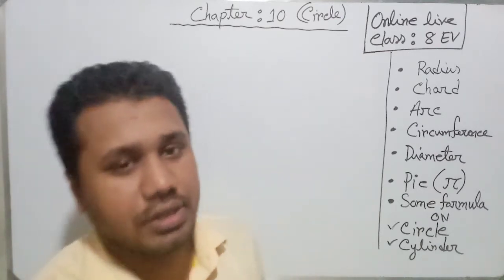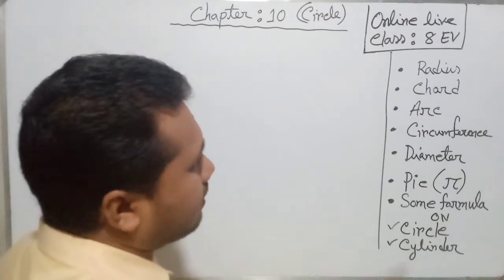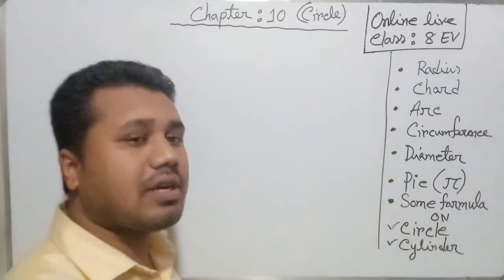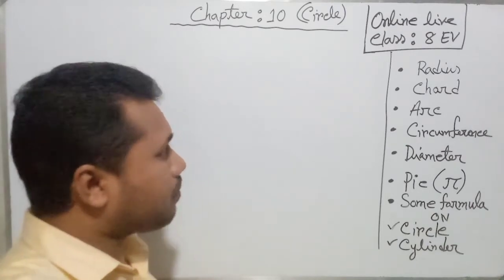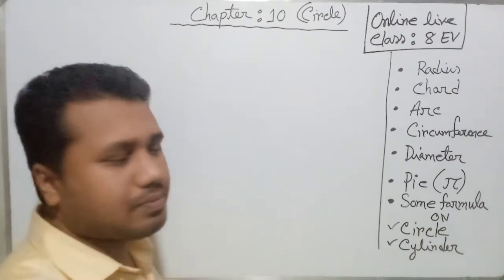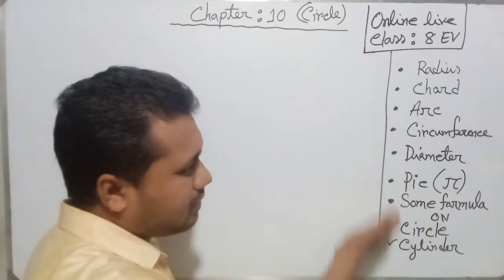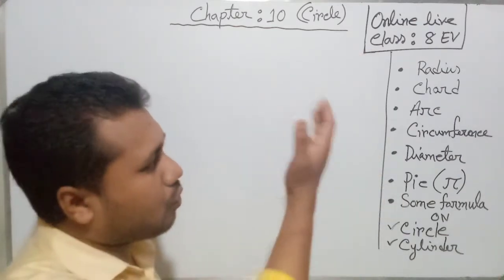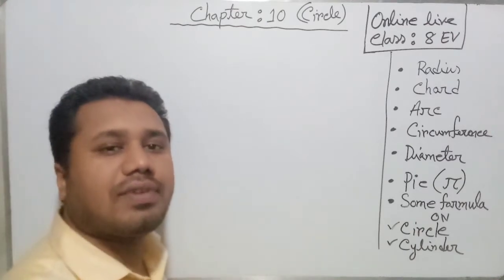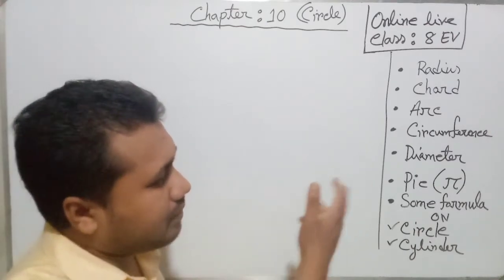Now dear students, you can see at a glance this is our today's outcome. That means after completing our class, you will be able to learn this. At first, radius, chord, arc, circumference, diameter and pi.